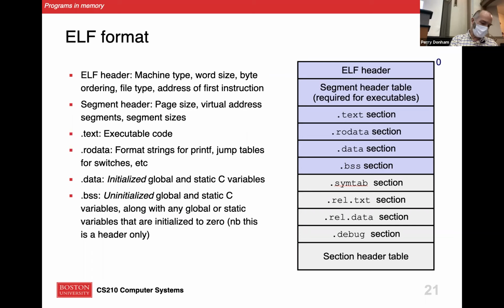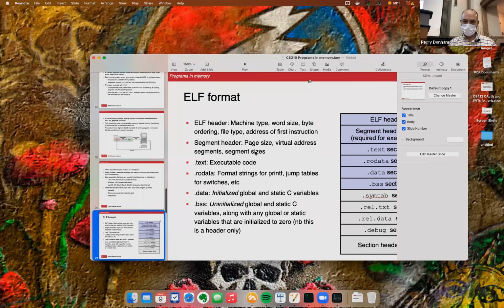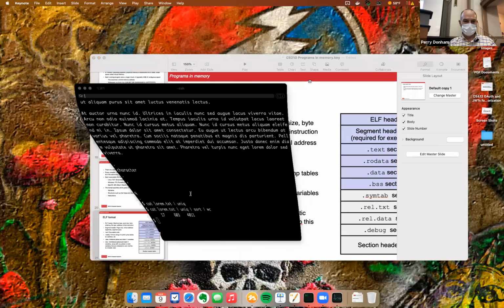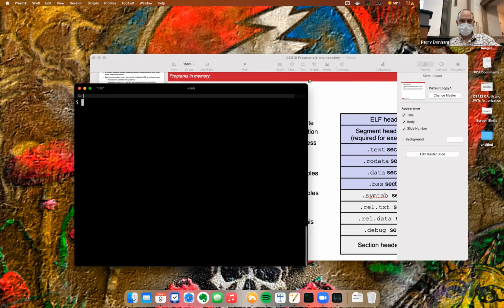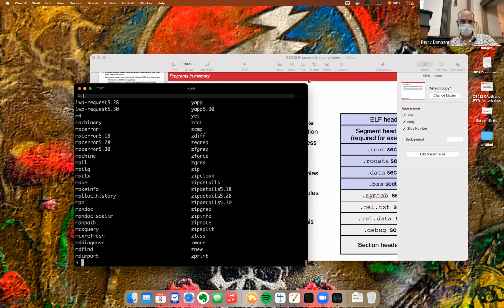In fact, we can see that. Let's do, where would I have an executable? /usr/bin maybe. So let's pick something.